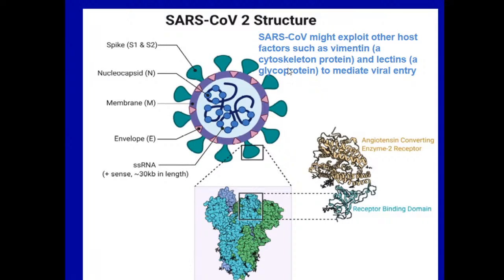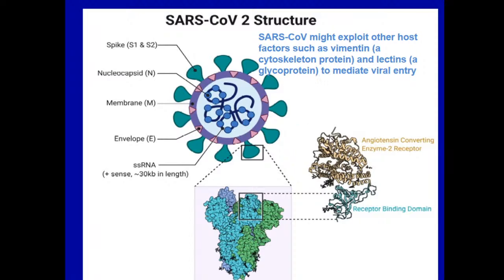But then with some studies, it is shown that SARS-CoV-2 might exploit other host factors such as vimentin, a cytoskeleton protein, and lectins, a sort of glycoproteins, to mediate viral entry. Okay, what did I say?